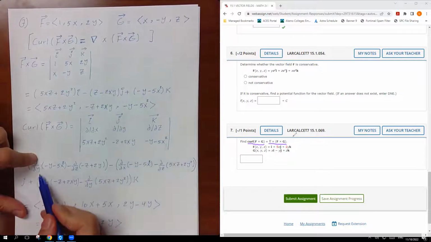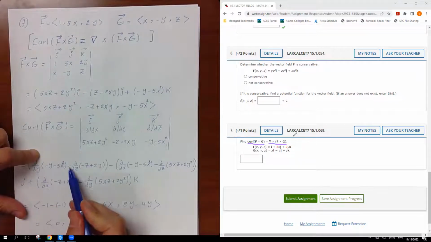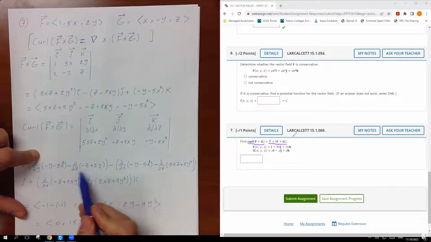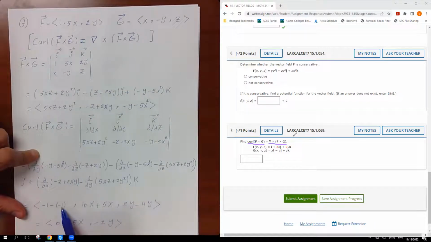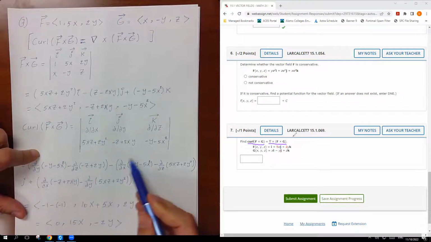The derivative with respect to y of this part, this is 0, so it's going to be negative 1. Minus the derivative with respect to z of this part, so it's going to be negative 1. That means negative 1 plus 1 is going to be 0. For the j, it's going to be the derivative of this part with respect to x. This is 0.